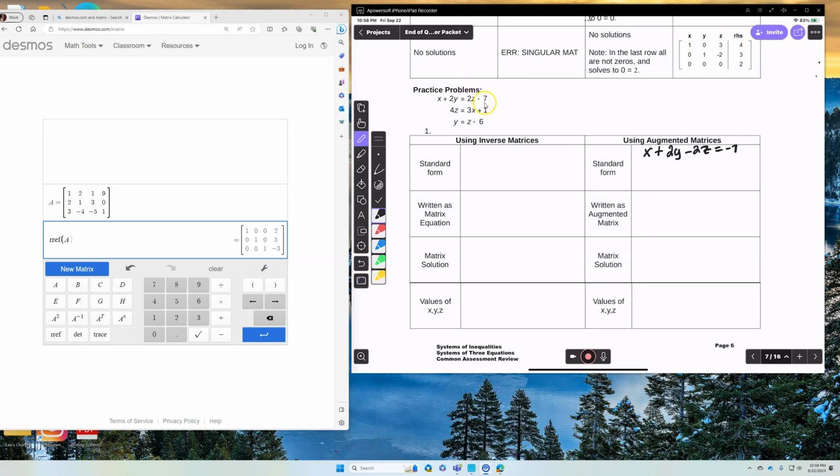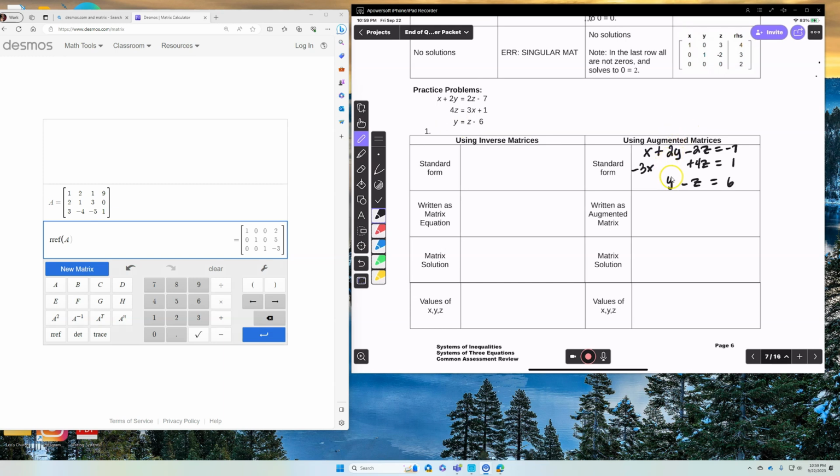So that's my first equation. My second equation, you notice that 3x is on the right side. So I'm going to subtract 3x, and then you have 4z. You have 4z equals, and you're left with 1. Next, we have y, so I'm going to go ahead and write y. And then we have z, and z has to be on the left side, so I have to subtract z, and then this is equal to 6.